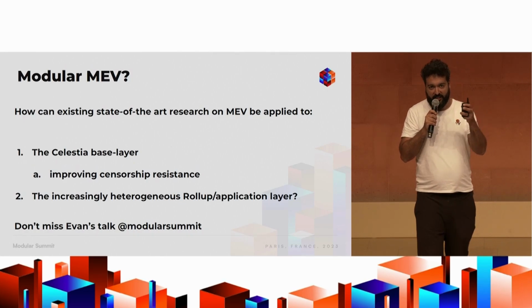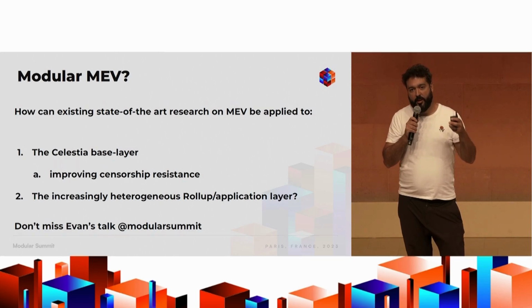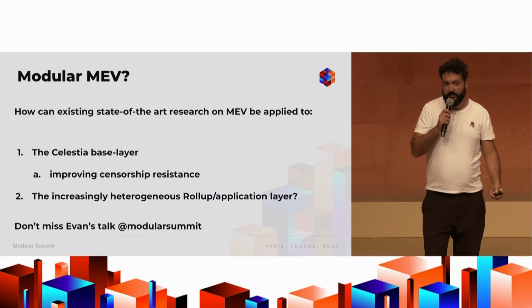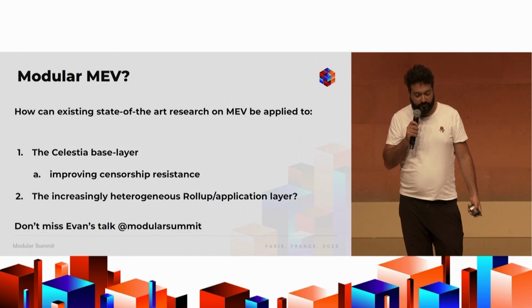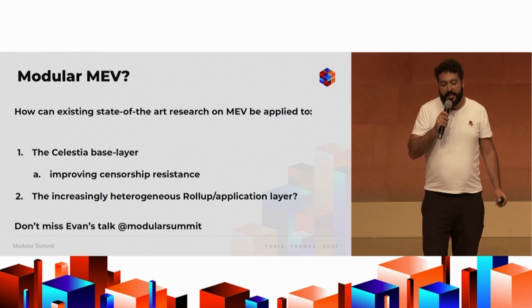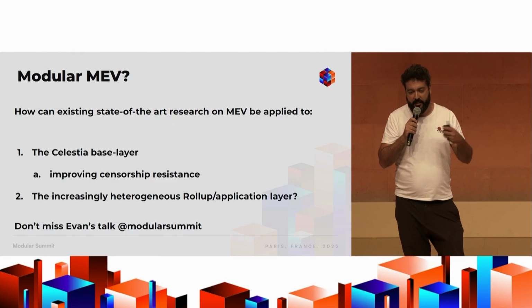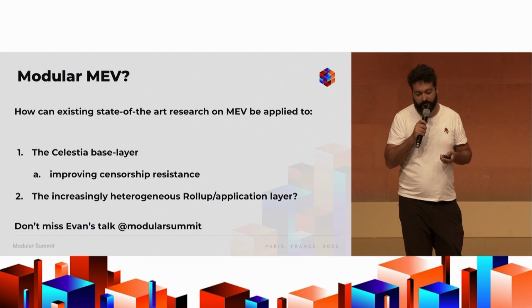The difference here is that MEV can trickle from the rollup into the base layer. The base layer validators could delay or even censor batches from the rollups, right? So the question really is, how do we apply solutions to MEV to this more modular stack, especially given that there's a very heterogeneous application layer?